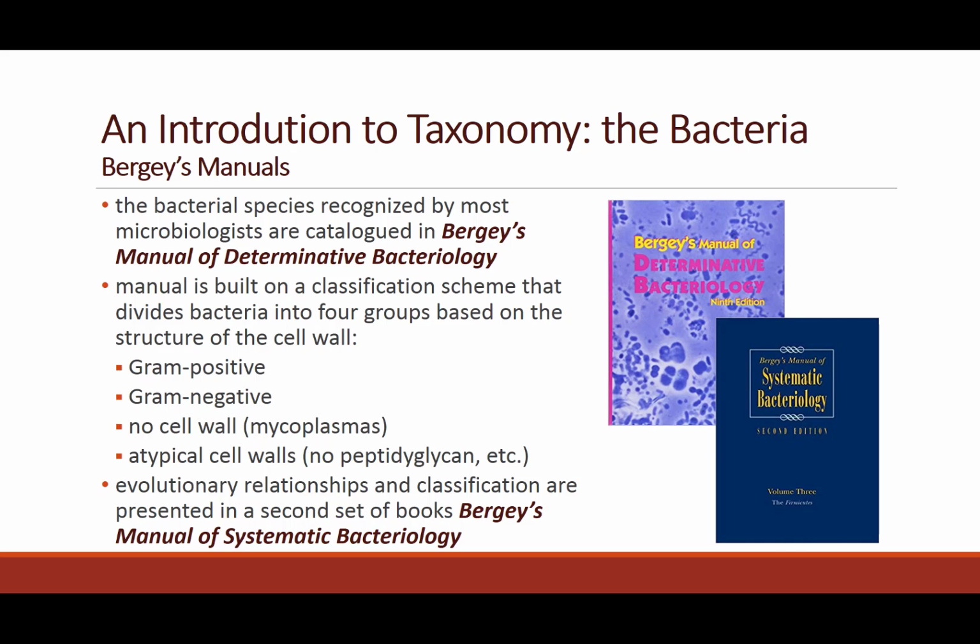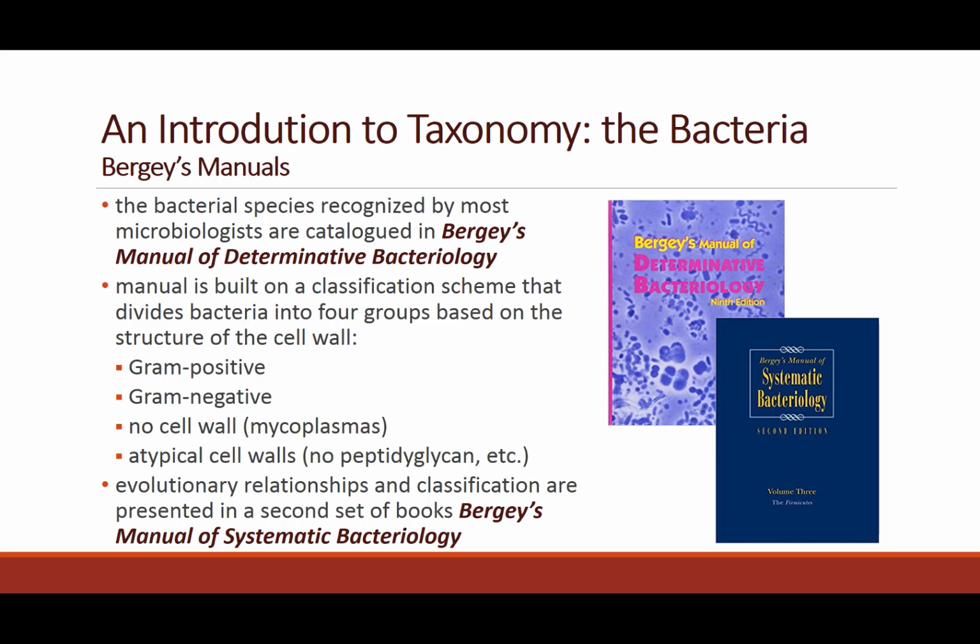Come and ask me to take a look inside Bergey's Manual. And then there's a second set of volumes called Bergey's Manual of Systematic Bacteriology. The latest edition of Bergey's Manual of Determinative Bacteriology is the 9th edition, so we own that one. There are 6 volumes in the Bergey's Manual of Systematic Bacteriology, so it's a much more voluminous bit of authorship. The Determinative Bacteriology manual is the one used to help distinguish amongst species.